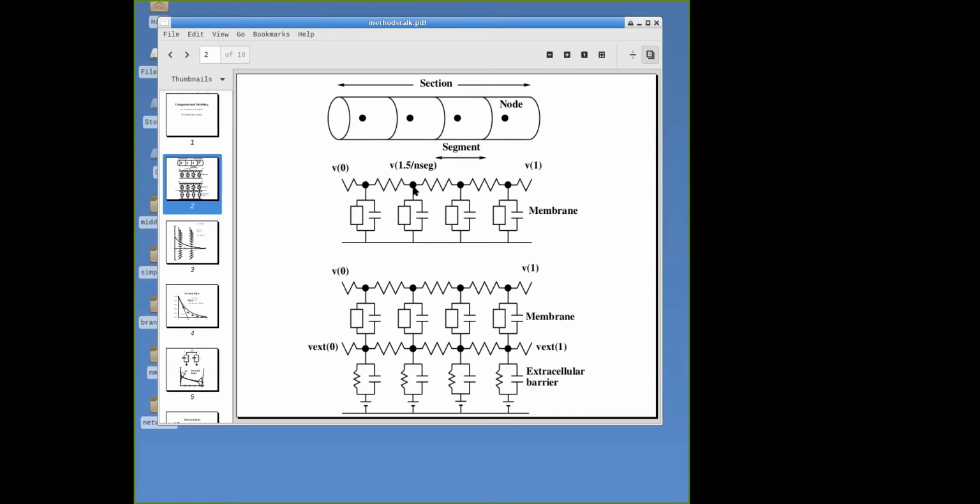And these elements separate the inside of the axon or the inside of the neurite from the extracellular space, and the adjacent intracellular nodes are separated from each other by these resistances, which represent the resistance of the cytoplasm on the path between adjacent nodes. Okay.